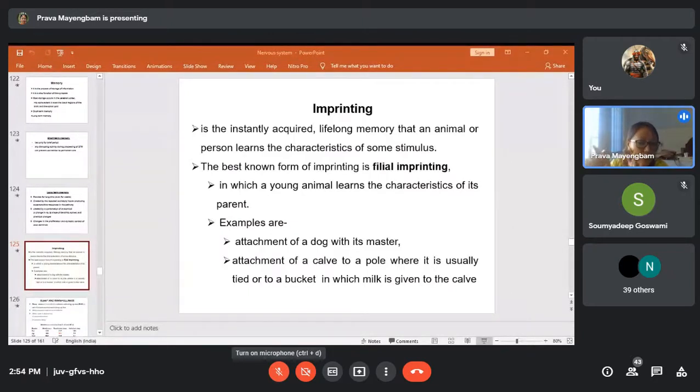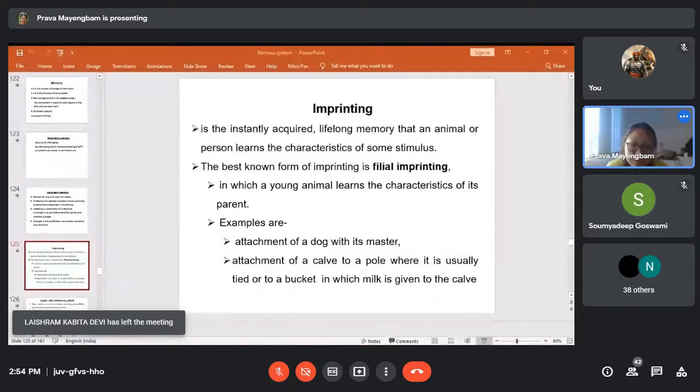Then what will happen when the mother duck jumps into the water and starts swimming? The ducklings also learn to swim, and in that process, the chick will also, maybe due to the network problem.